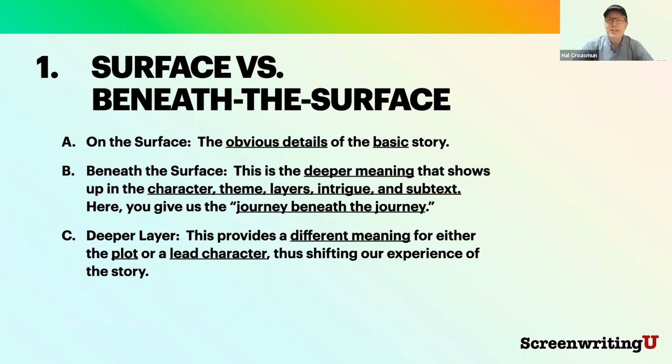If that happens, you're going to completely reinterpret who that character is and everything that's happened up until that point, right? And that's part of a great movie because it keeps the audience engaged on so many levels.